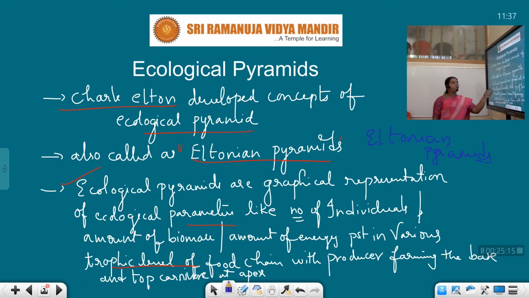So, students, ecological pyramids are the graphical representation of ecological parameters like number of individuals, amount of biomass, or amount of energy present in the various trophic levels, and this pyramid is formed with the producers at the base and ends with the carnivores at the apex.